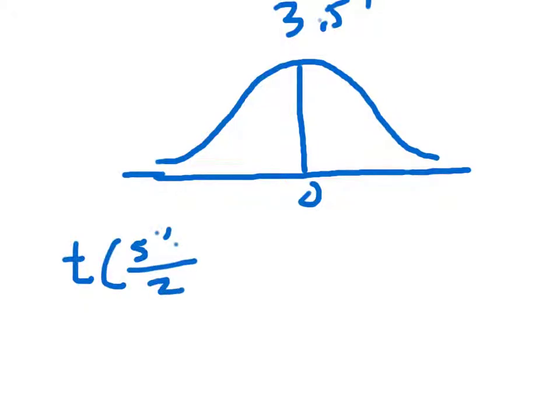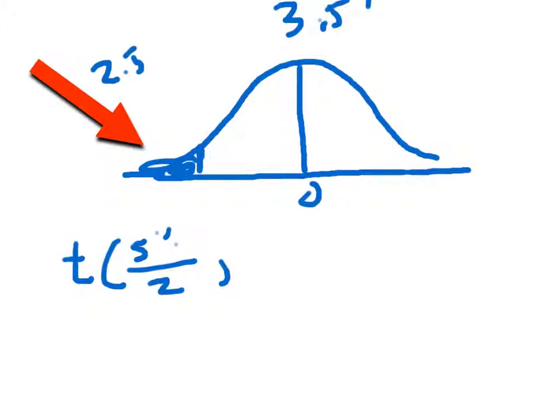It's a two-tailed test, so we divide that 5% by 2, or in other words, we're going to leave 2.5% in that tail, and the same 2.5% in this tail over here.